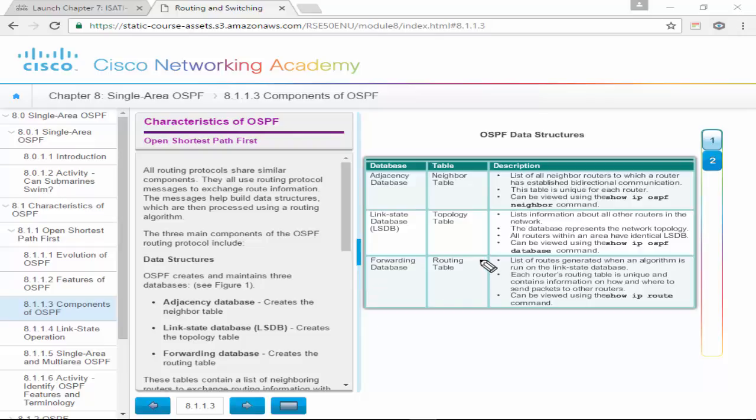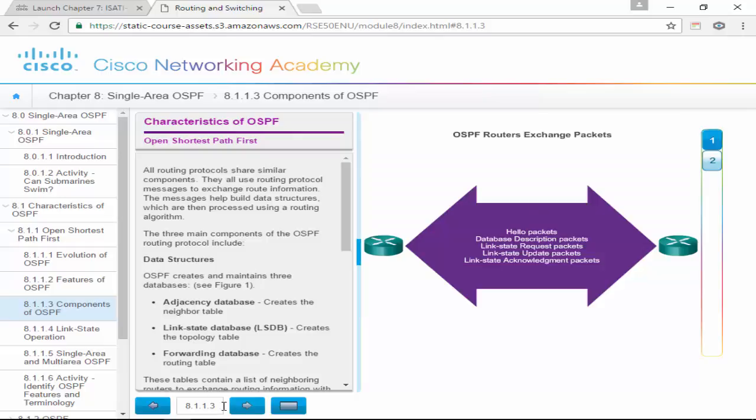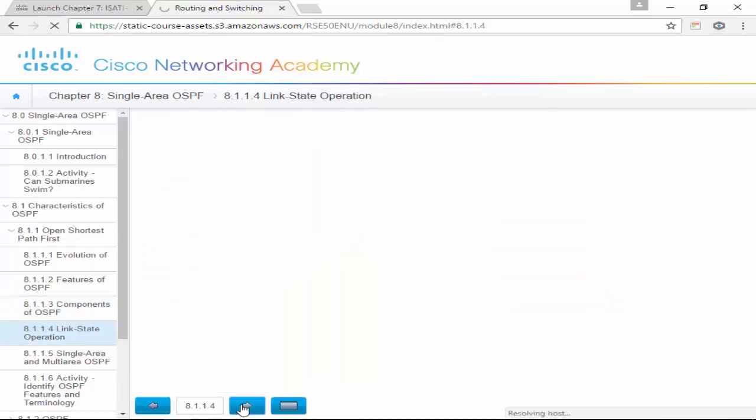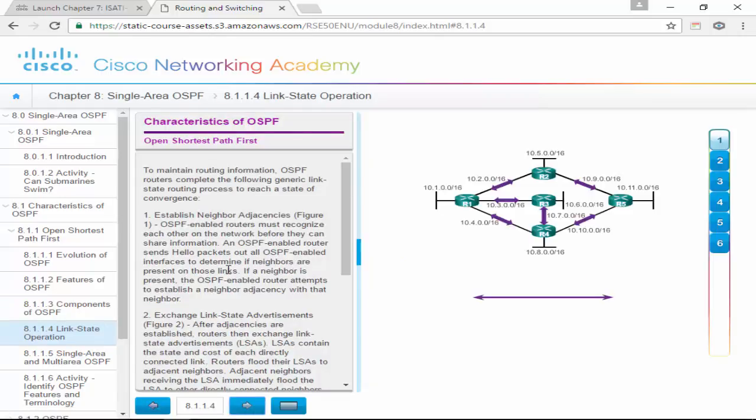Then we have our forwarding database, which is our routing table. Show IP route, just like we had before. Okay, so those are our tables that make up our routing. We're going to find out more about what they're talking about there in a second. I don't really like that picture, so we're just going to keep going.